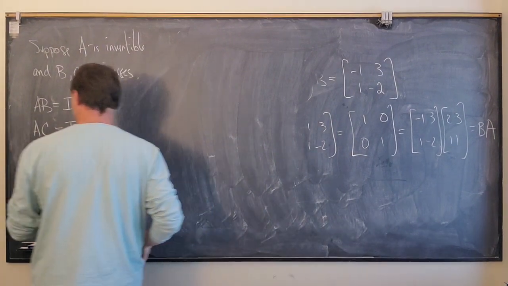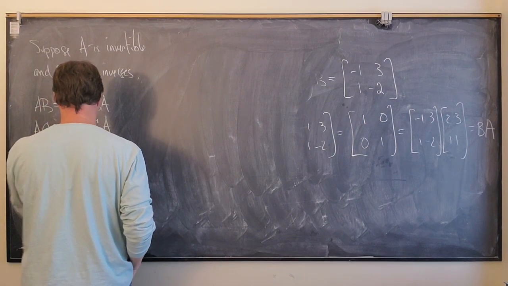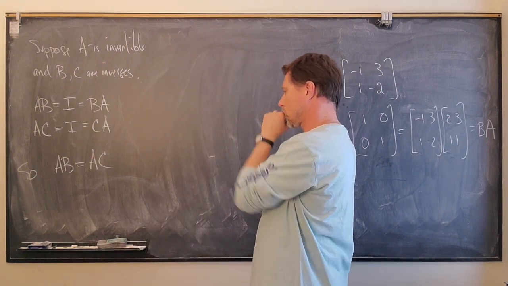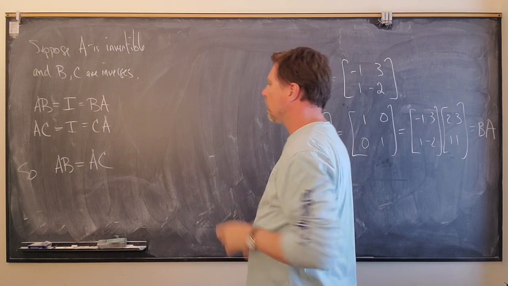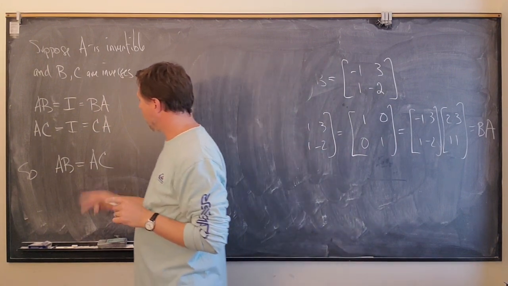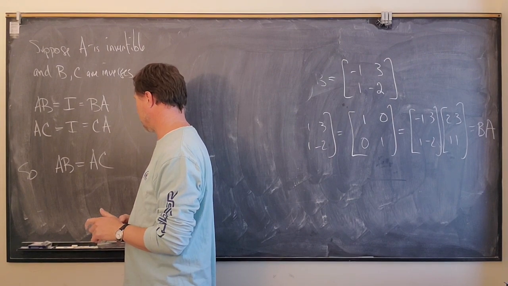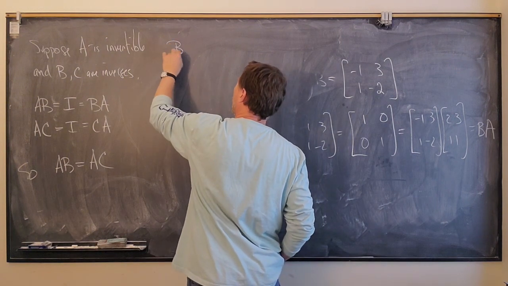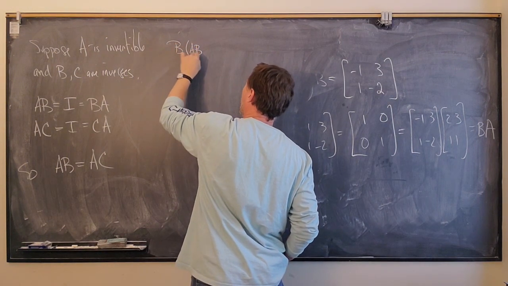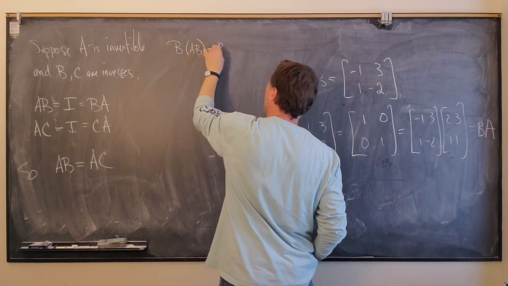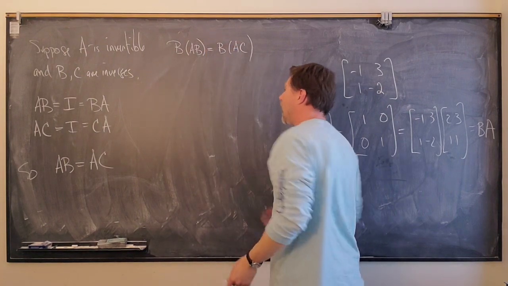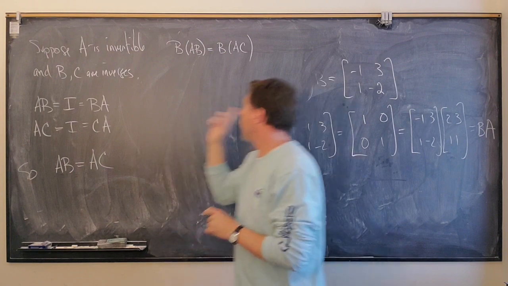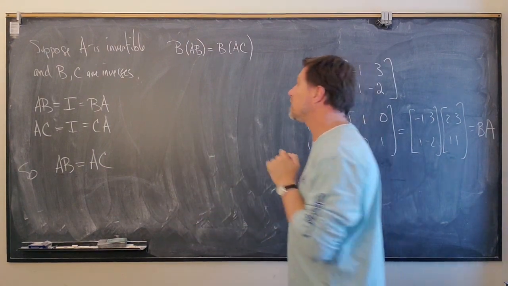Putting those together, what we have is A times B equals A times C. Now I'm going to multiply both sides on the left by B. And now we need to remember one of our properties: matrix multiplication is associative.